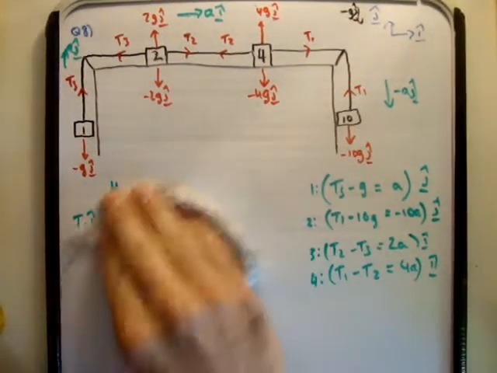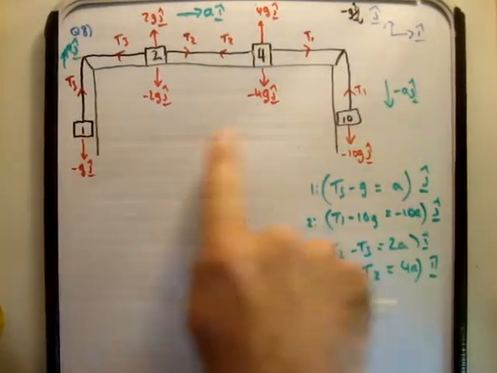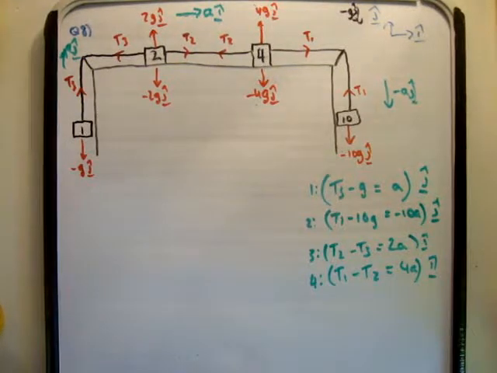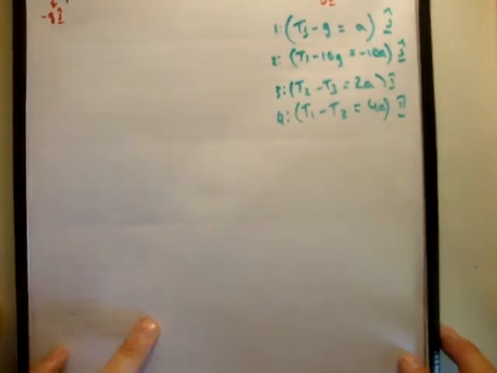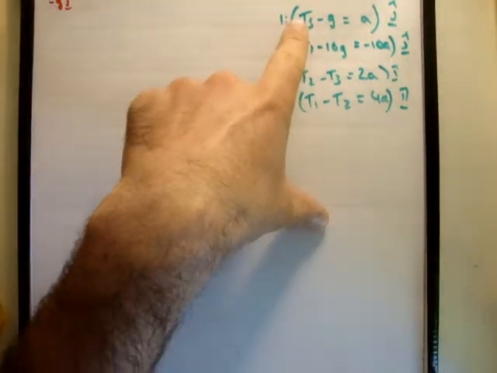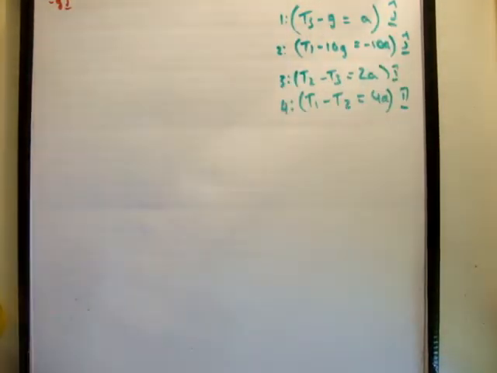Now what I'm going to do is not get rid of the diagram because we're actually going to use that in the second part of the question. Alright, so I'm just going to push this up here, and we're going to start like that. So we're being asked to find the common acceleration, so you want to get rid of everything. So if you look, we can get rid of T3 here because we get T3 in terms of a and g.